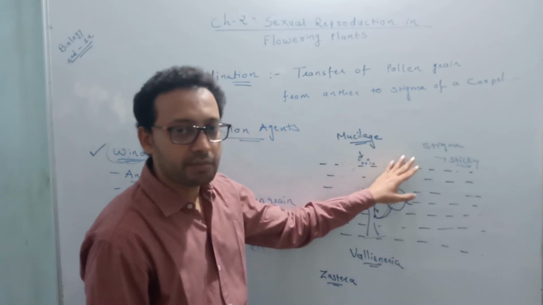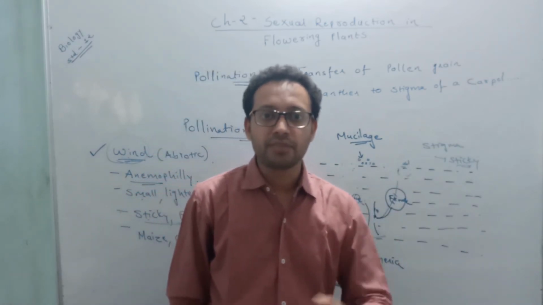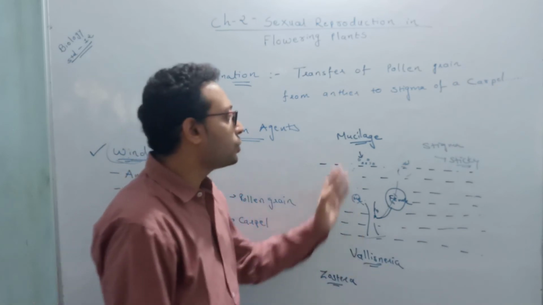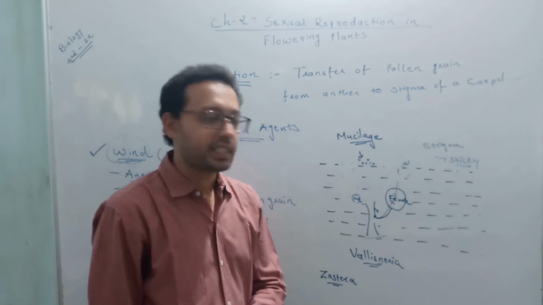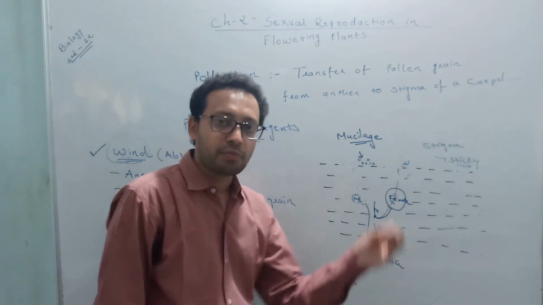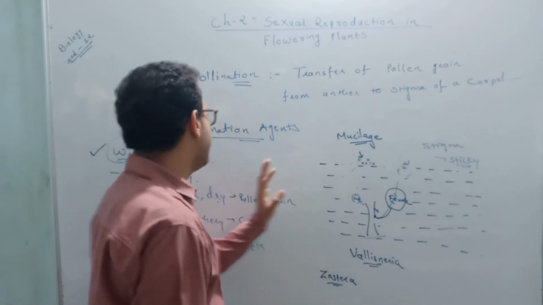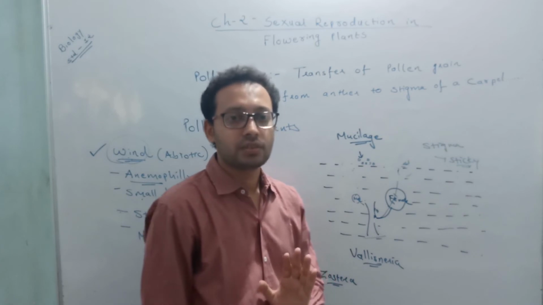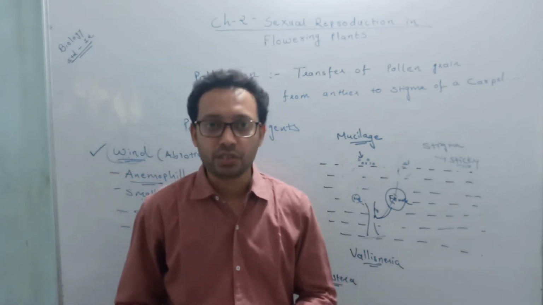How the female flower comes to the surface, then goes back, and how the stigma of the female flower is sticky, so it accepts the pollen. In Zostera, the pollen grain remains submerged within the water. So this is pollination with the help of wind, and this is pollination with the help of water. Now, that's all about the abiotic agents which help in the pollination process.